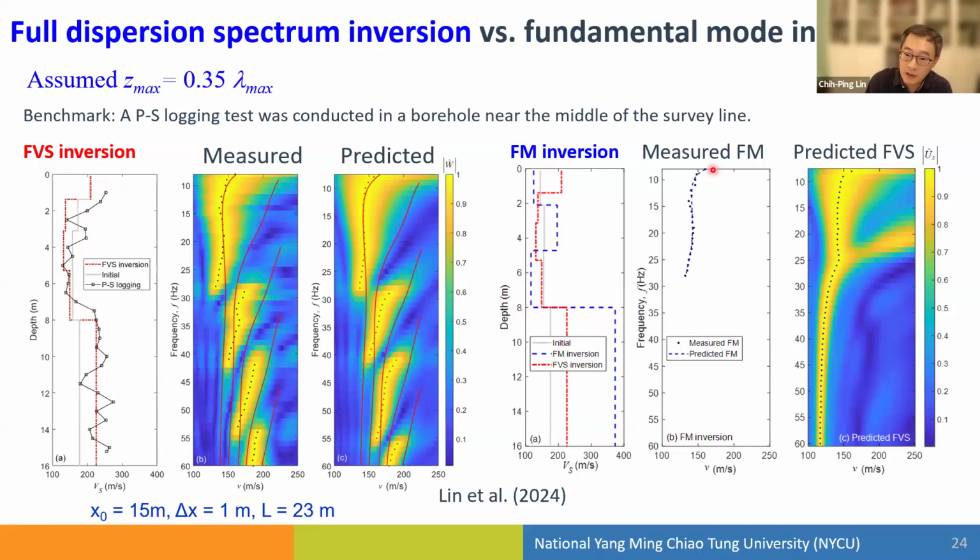But you see, the fundamental mode fitting is as good as what we had 20 years ago, yet it gives an apparently very different profile. If you compute the dispersion spectrum of the blue profile, it is very different from the measured extended dispersion spectrum.